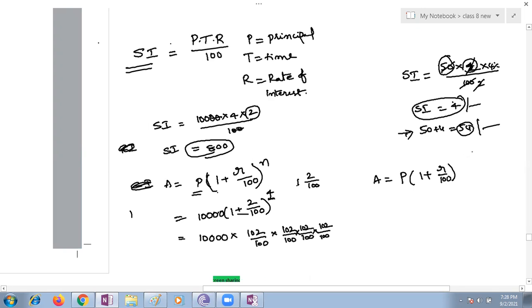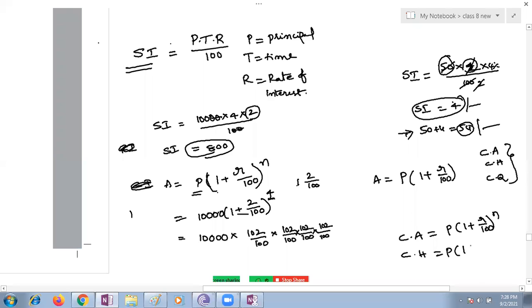But here compounded half yearly is given. Compounded annually, compounded half yearly, compounded quarterly: there are 3 different formulas we can use. Compounded annually means you can use the formula P into 1 plus R by 100 whole to the power n. Compounded half yearly means we can use the formula 1 plus R by 200 whole to the power 2n.